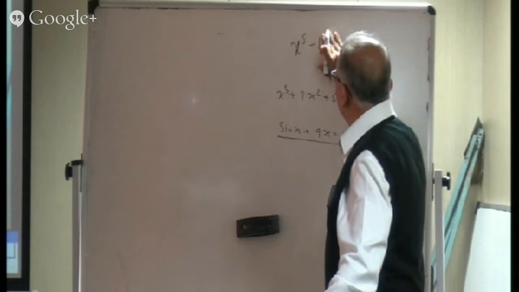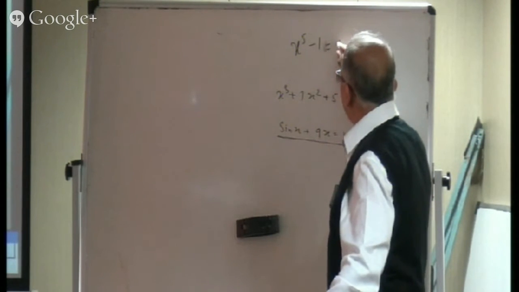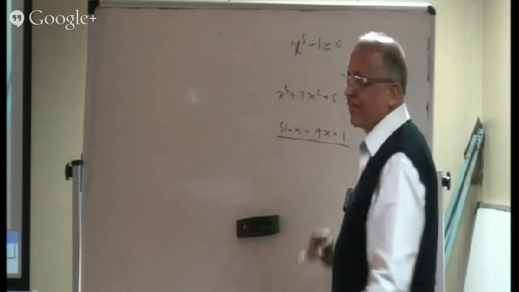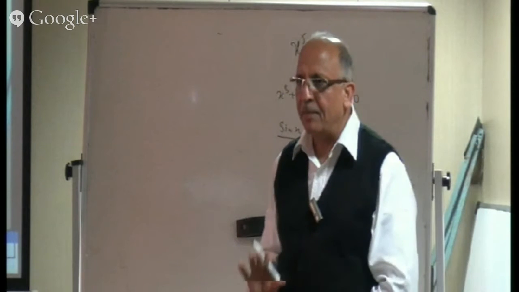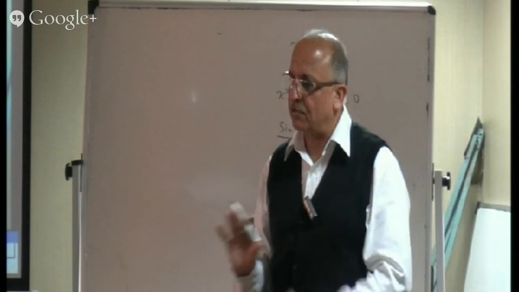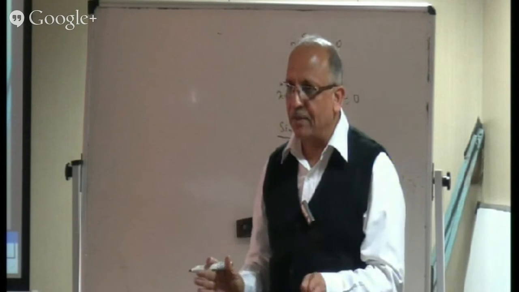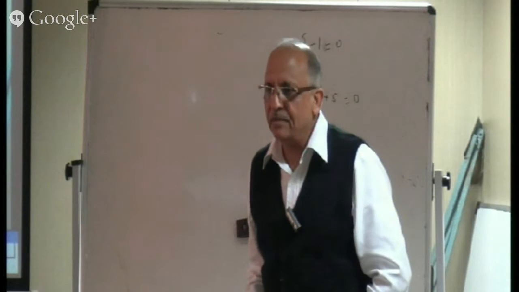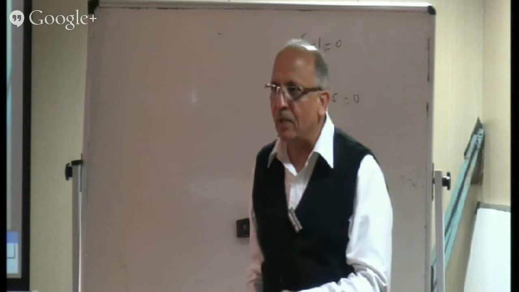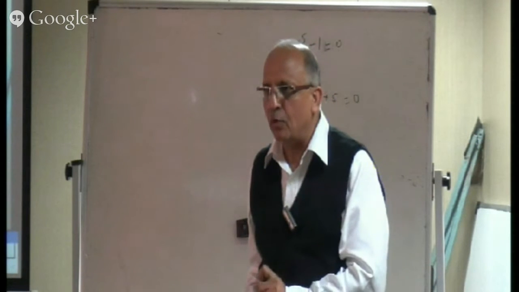When we put a polynomial equal to 0, we get an equation. For that matter, whenever you have an algebraic expression, it may contain sin x, e to the x, cos x, whatever. Whenever there is an expression, when you equate it to 0, you get an equation. So when we equate a polynomial to 0, it becomes a polynomial equation.